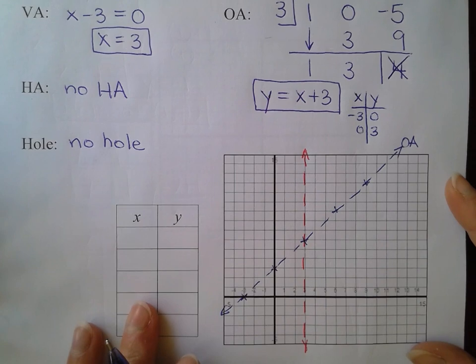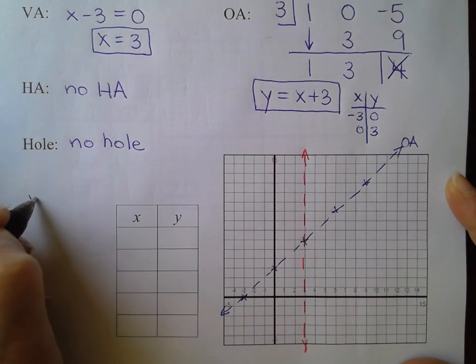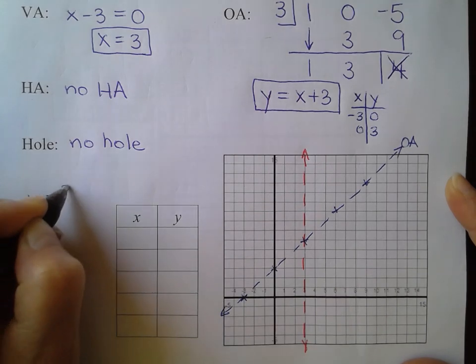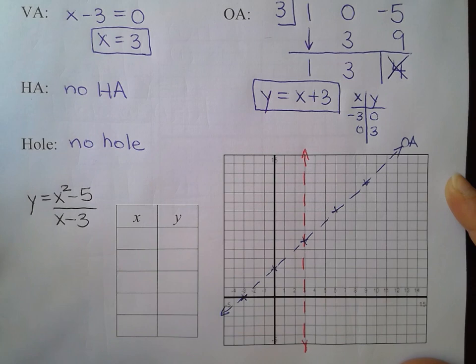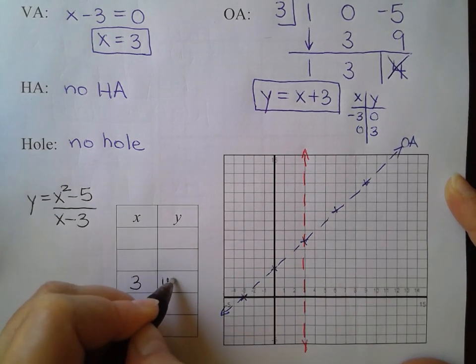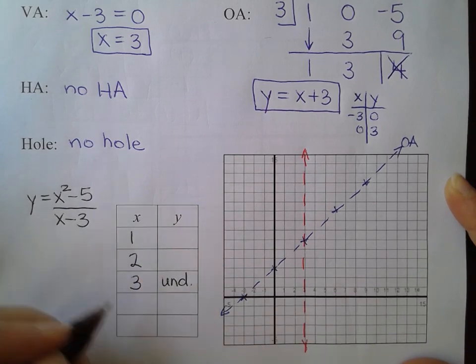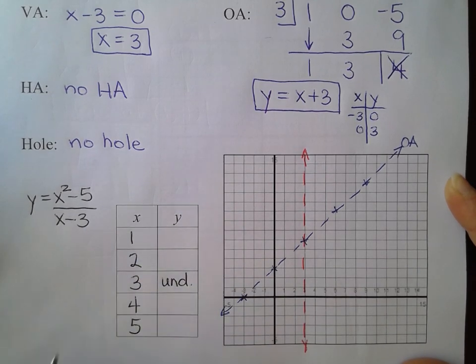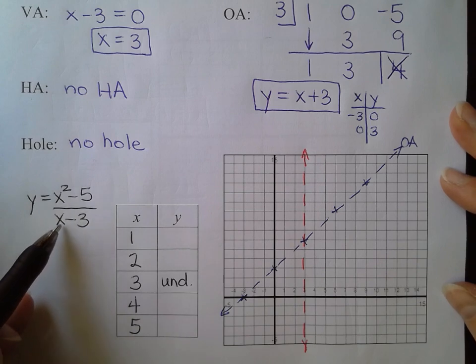All right, and then we need some extra points to plot. So we'll pick some x values. I'm going to use the same procedure. I'm going to put my vertical asymptote in the middle and pick a couple of points smaller and a couple of points larger and plug them in. If I plug in 1, I'm going to have -4 over -2, so that's 2.